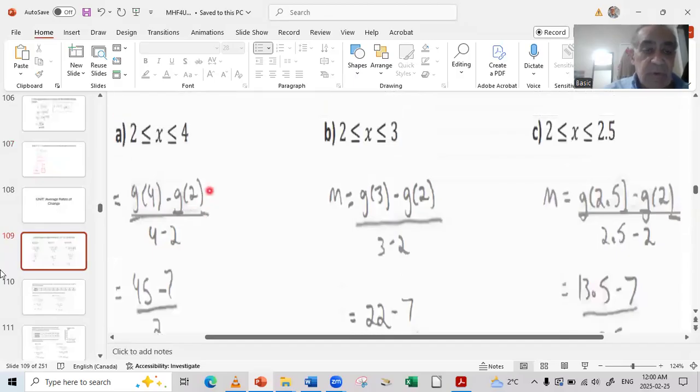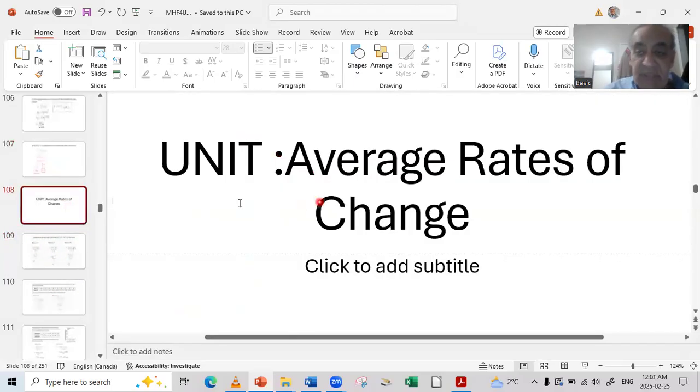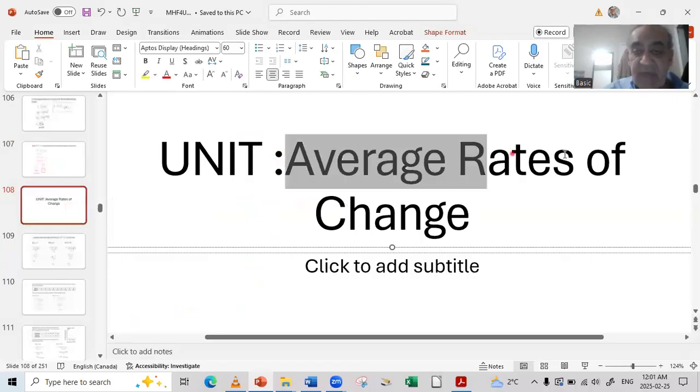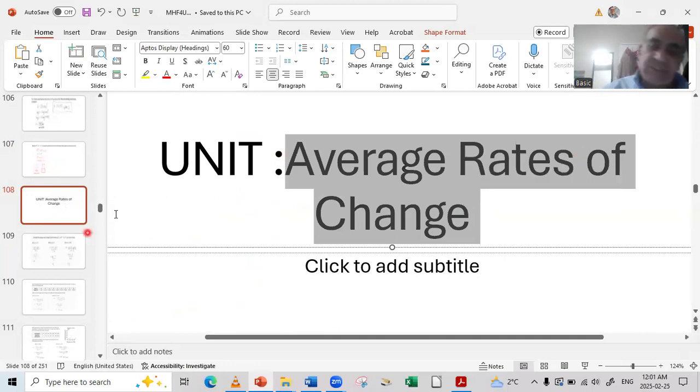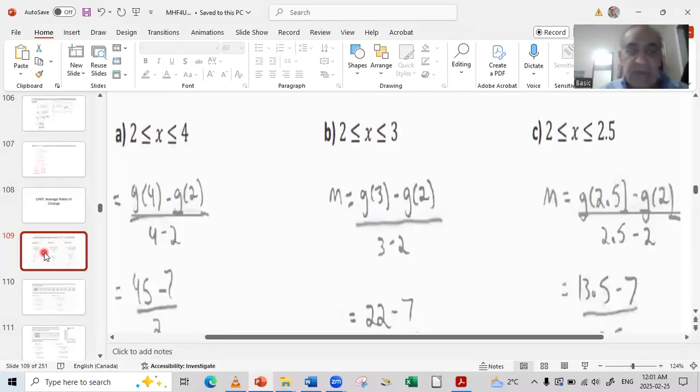Now we will go to the last unit, one of my favorite units, average rate of change. What is the average rate of change, and what is the meaning of it? Usually, we don't have anything constant.